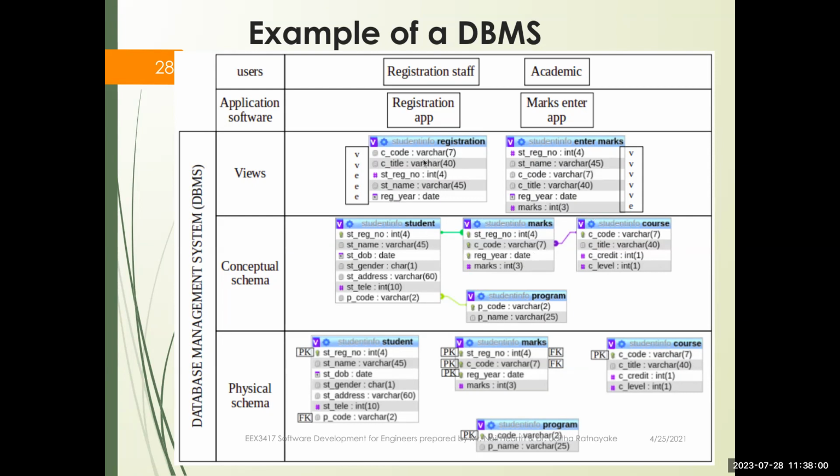To get this view, course code from here, course title from this table, student registration number from this table. Student registration number from which table? How can we get the student registration number?